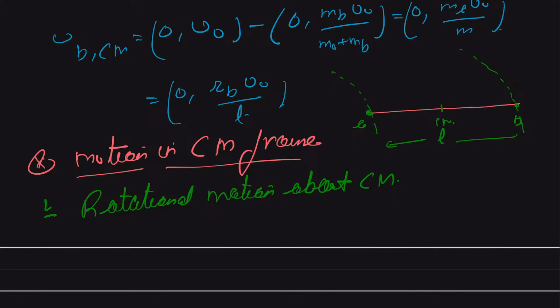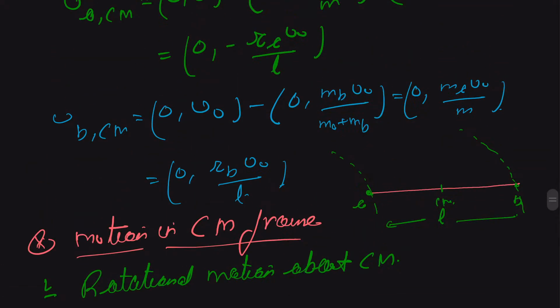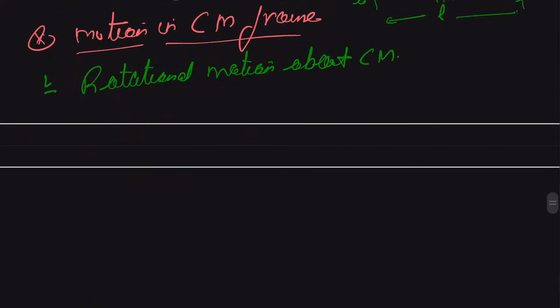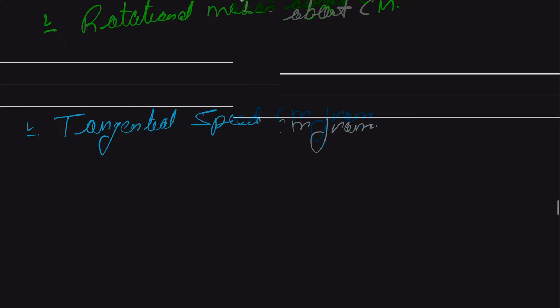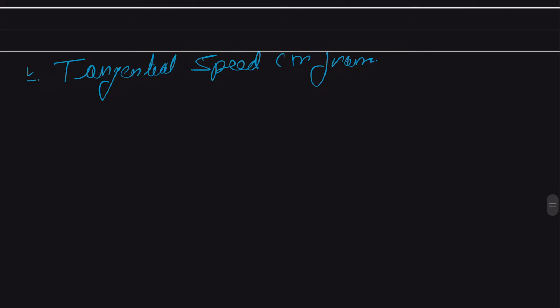And therefore this V_A,CM and V_B,CM are nothing but our tangential speeds in the center of mass frame, and we already calculated the values.